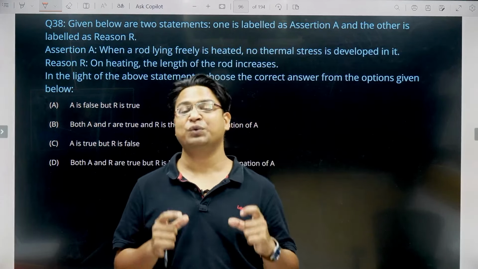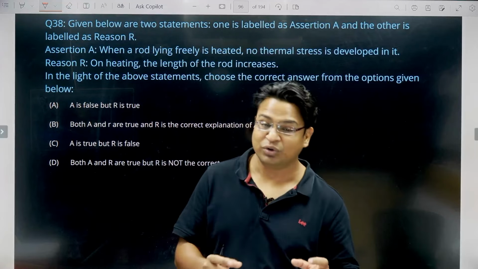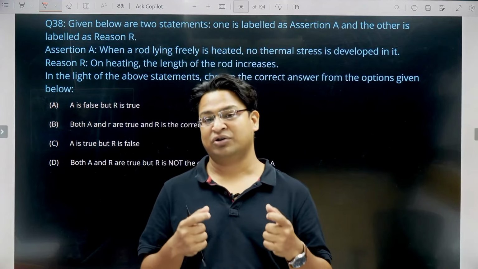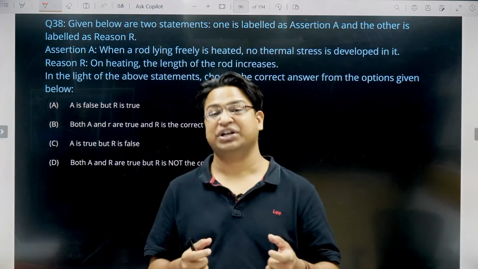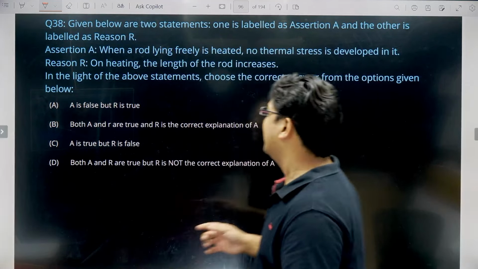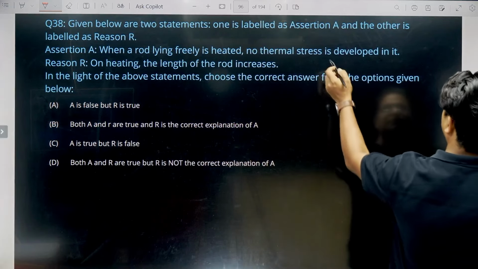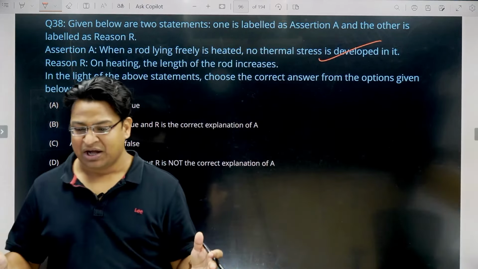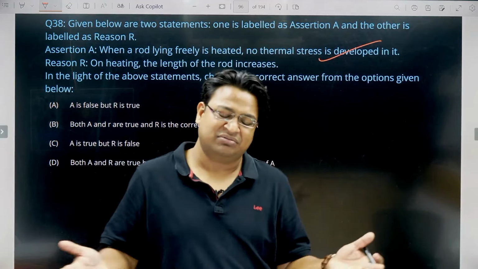But if you constrain it anyhow, if you don't allow that substance to be at the size at which it should be at a given temperature, then the stresses will develop. Here no thermal stress is developed because it was lying freely. We did not constrain it in any way. So it expanded. It wanted to have more length at a higher temperature. Everything was fine.